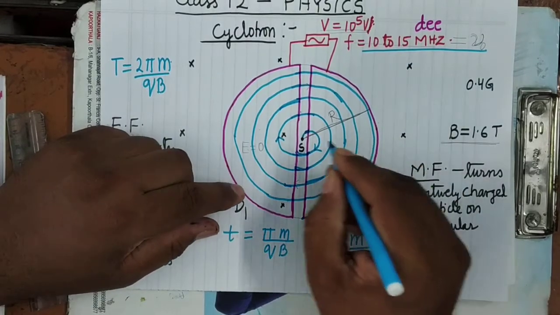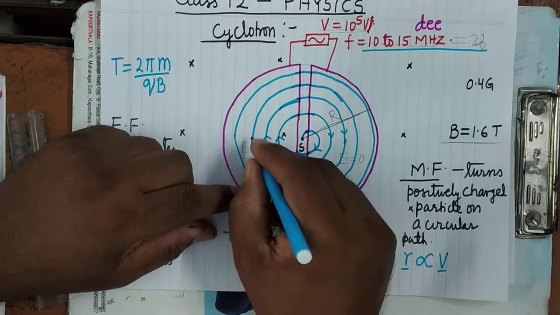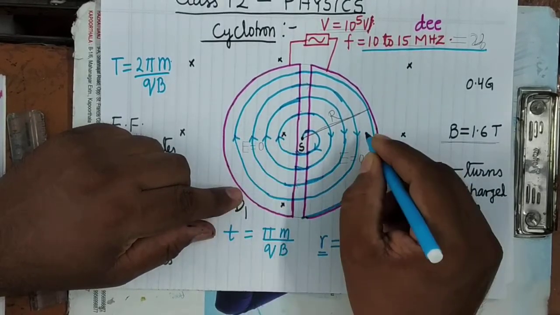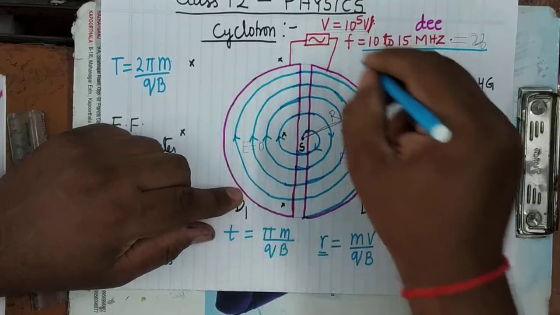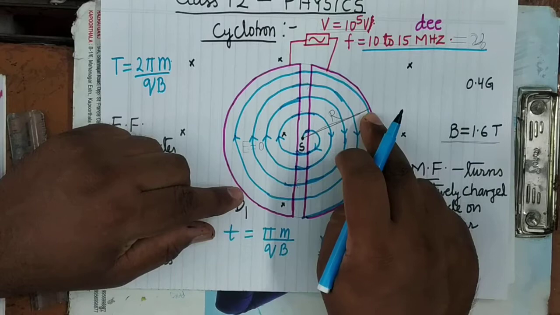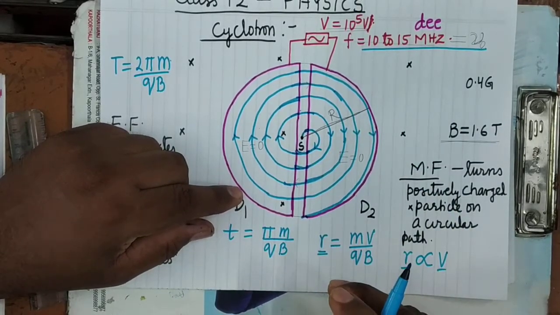This phenomenon will take place again and again, and the particle will keep on moving on circular paths of increasing radii. When it is about to touch the circular path of radius capital R, which is the radius of these discs, then what will happen?